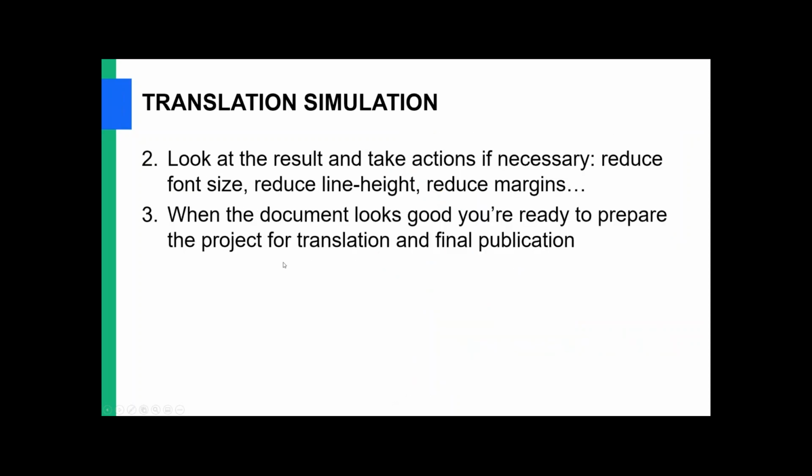Then I looked at the PDF output and I took actions where necessary, reducing font size, line height, margins, and so on in the style sheet. And when the document looked good to me, I was ready to prepare the project for translation and final publication.